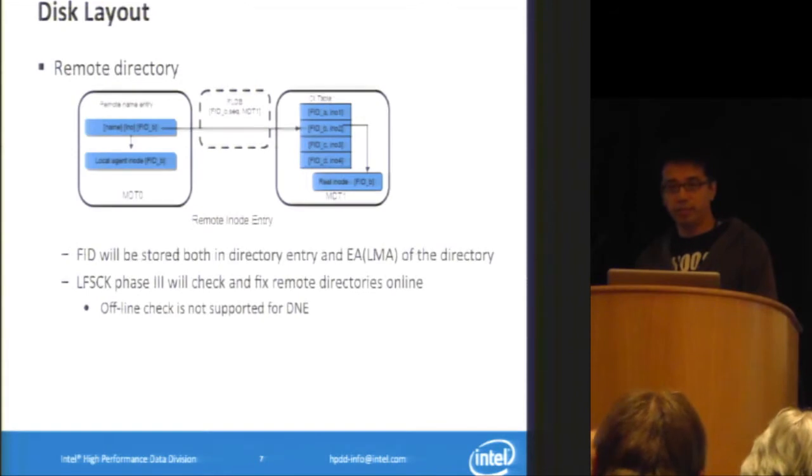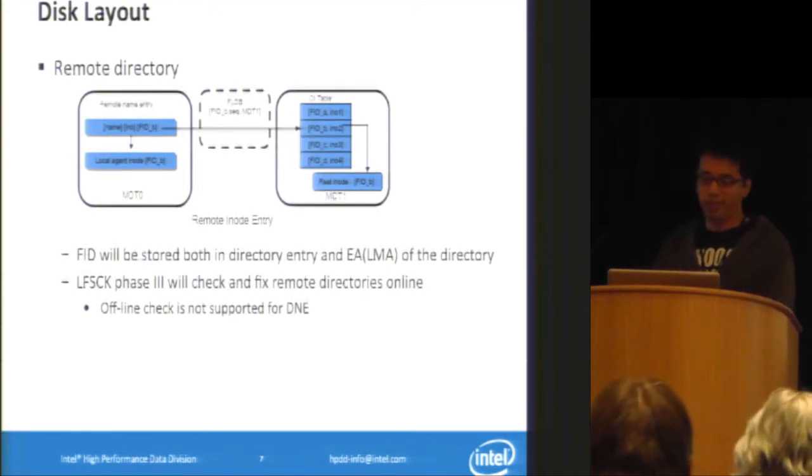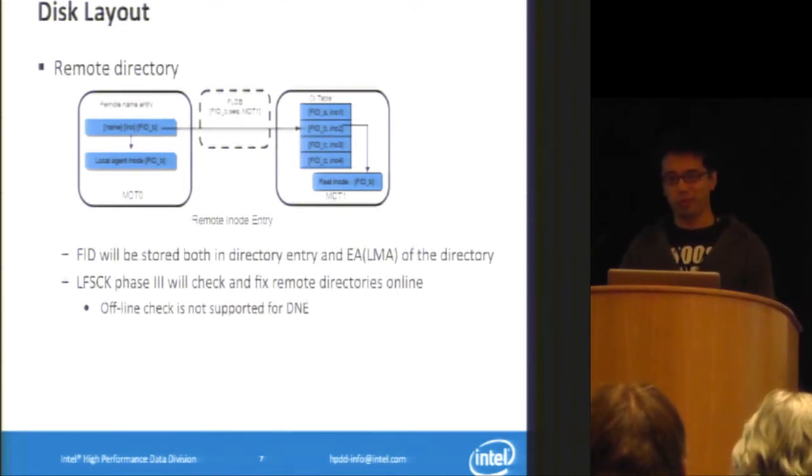Unfortunately, there's no fsck for the remote directory on DNE phase 1 now. Only LFSCK phase 3 will support DNE online check. And for offline check, we don't suggest you do the e2fsck check for DNE because it will break your file system.